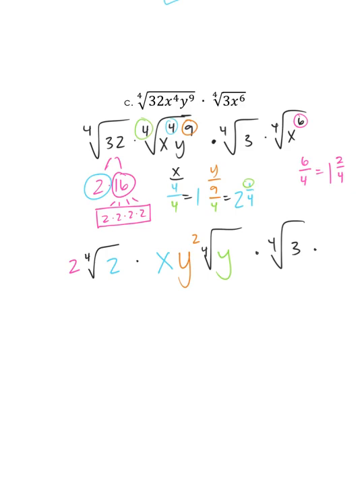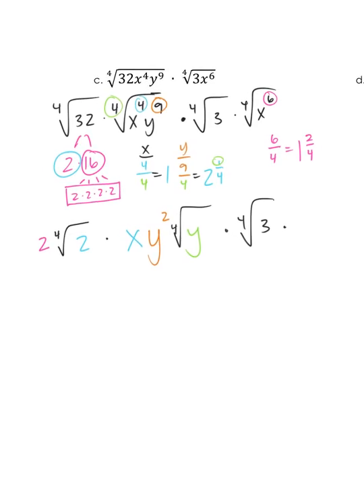We do not want to simplify this. So as tempting as it might be to make this 1/2, we don't want to do that because we need the denominator to be the same as our index. So here, this is going to be x, because I've got 1x on the outside, and then the fourth root of x squared.